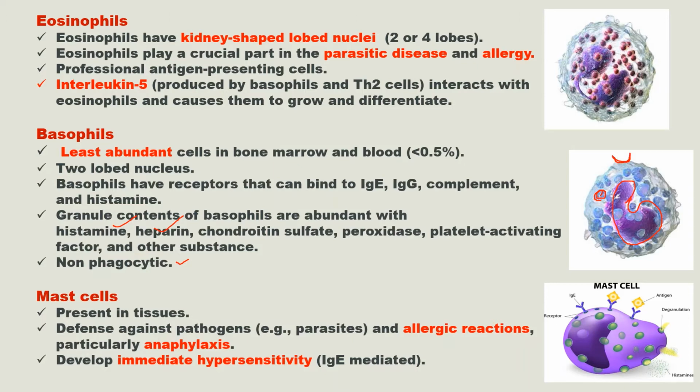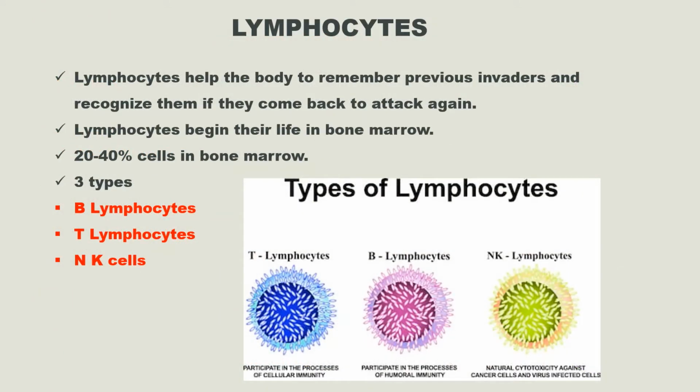Next are lymphocytes, which develop from lymphoid progenitor cells. Lymphocytes help the body to remember previous invaders and recognize them if they come back to attack again. So, lymphocytes play a major role in adaptive immune response or adaptive immunity. Lymphocytes begin their life in bone marrow.